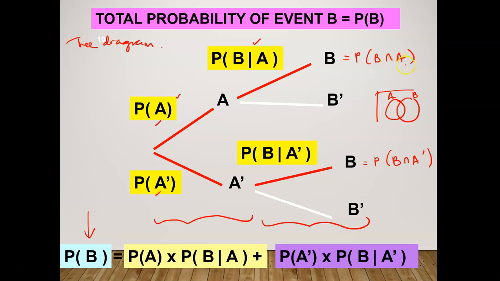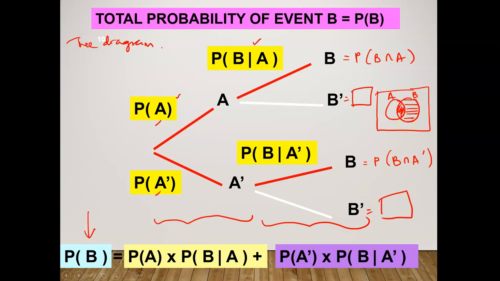B intersect A is this area, and B intersect A prime is this area, so you will definitely get your B, the probability of B. Outside of B will be the addition of P(A intersect B prime) plus P(A prime intersect B prime).